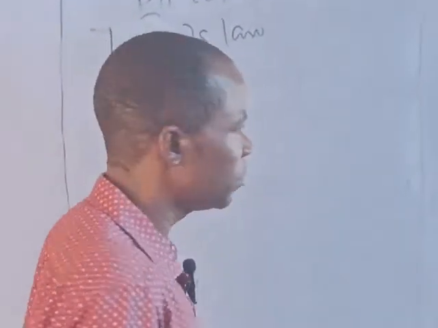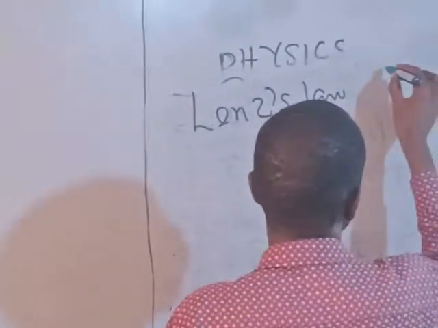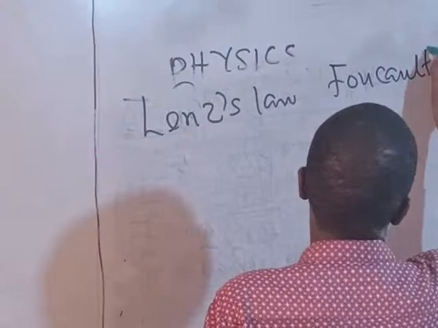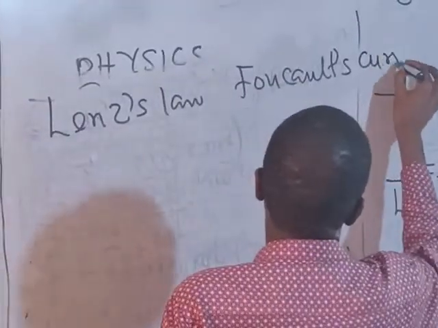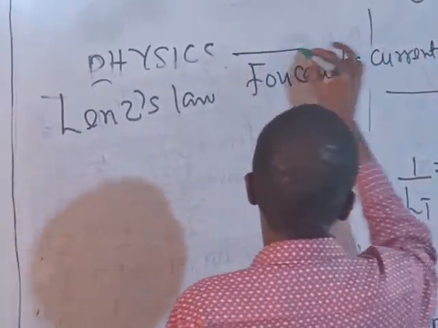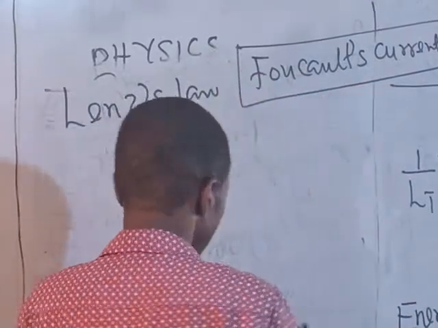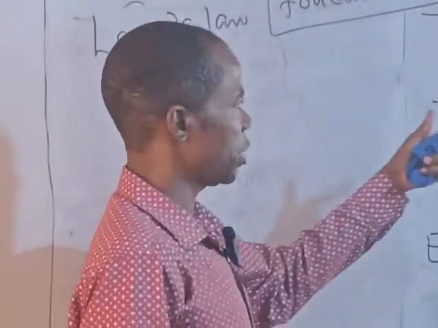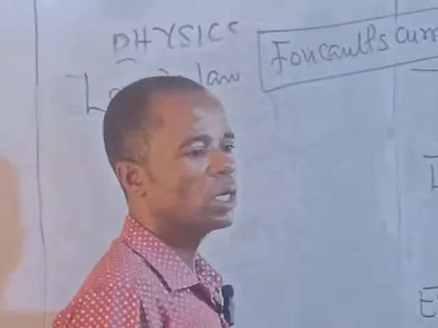And don't forget, in JAMB, instead of eddy current, it can also be called Foucault's current. Pay attention to that. That's another name for it. So eddy current, Foucault current, we're talking about the same thing.